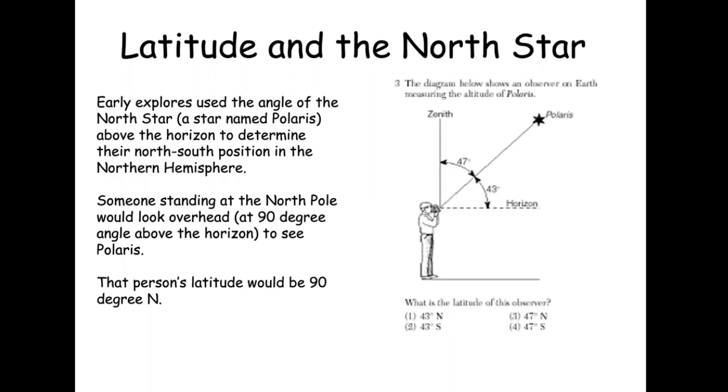If the angle created between Polaris and the horizon and the observer is 43 degrees, then the latitude of the observer is 43 degrees north. It could not be south because the Polaris star cannot be seen in the southern hemisphere. It can only be seen in the northern hemisphere.